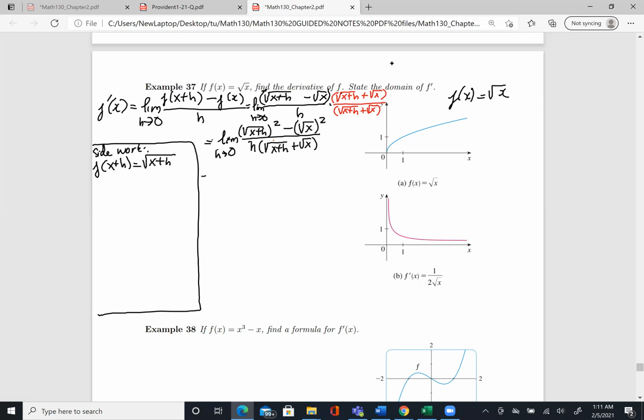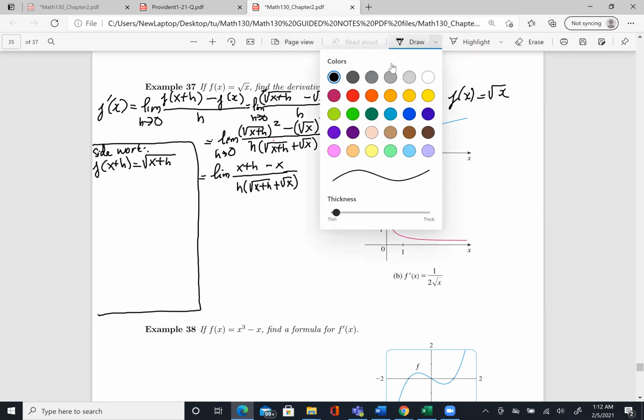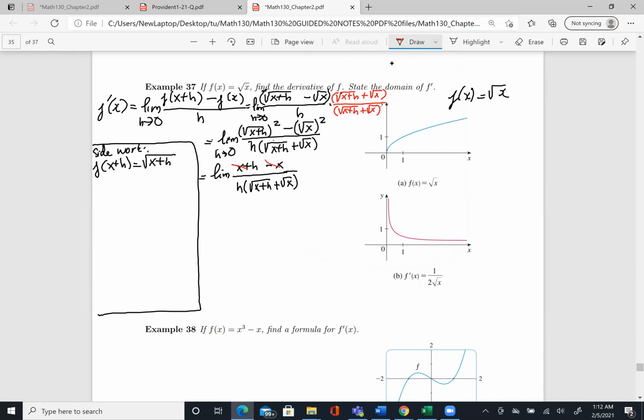So that's going to be equal to the limit of x plus h. Now the square root is gone because of the square, right? Minus the x, and then divided by h, multiplied by square root of x plus h plus square root of x. Now you can see that there is something to cancel on the top, which is x and negative x. And now you're going to have h divided by h times square root of x plus h plus square root of x.